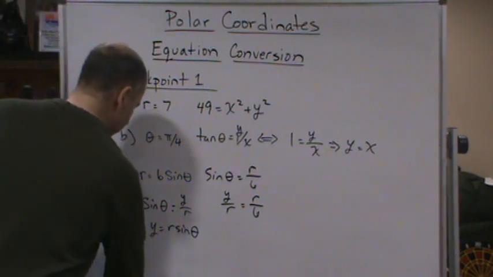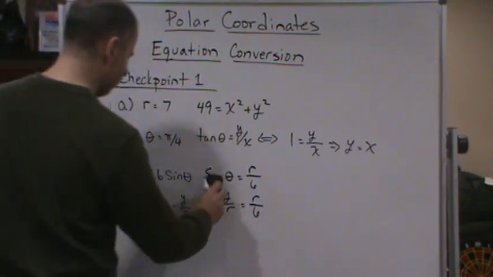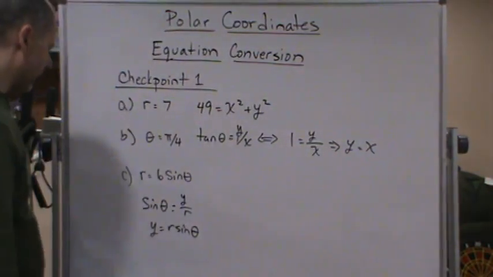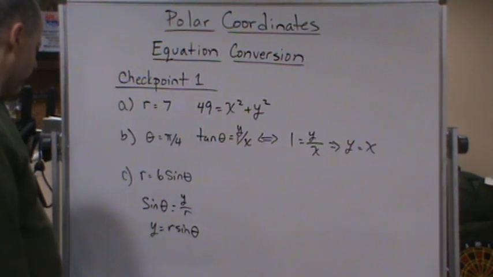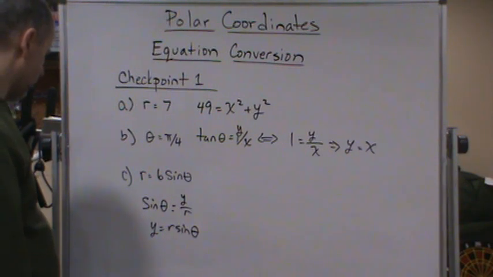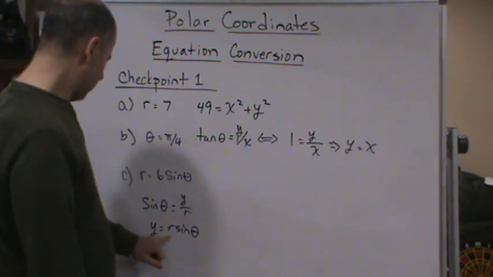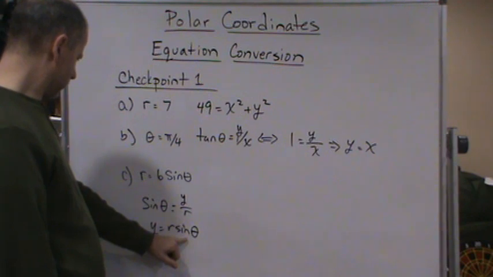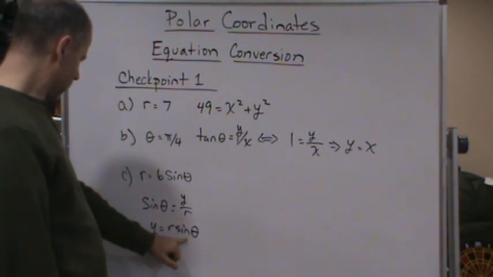Let's see here. Let's try something else. We want to get rid of the sine theta and the r. So y equals r sine theta. Oh, here.